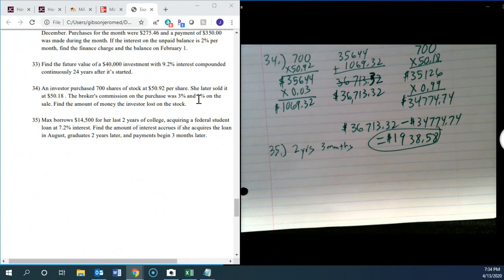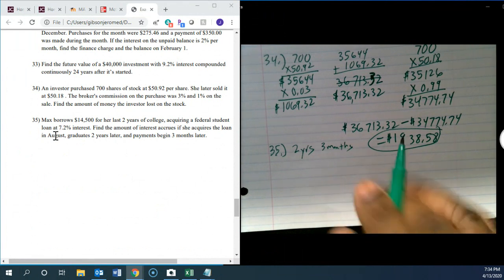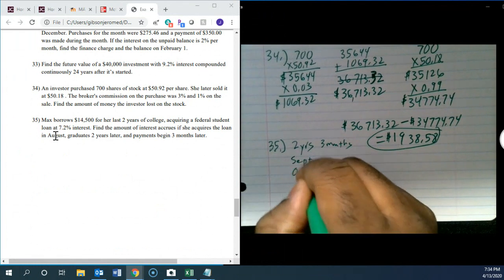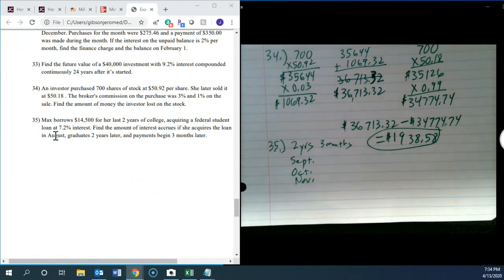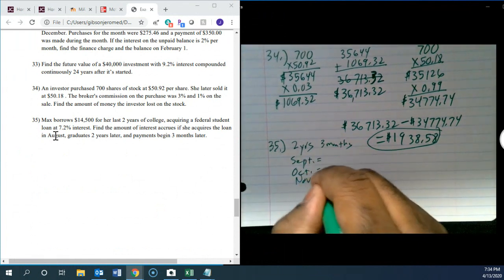It tells us here that she acquired the loan in August. So 2 years from August would be another August. So we have to deal with the 3 months past that August, which would be September, October, and November. Okay, so now we have to deal with how many days are in each of these months.